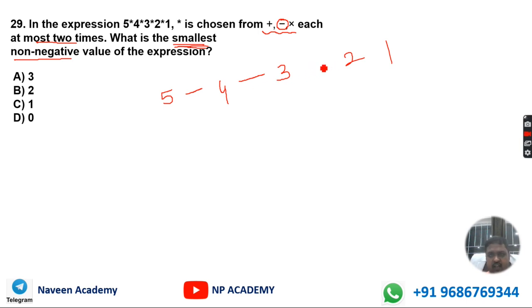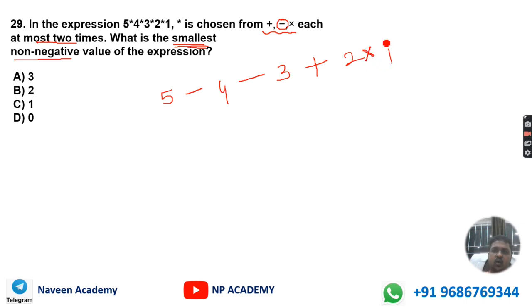If I use plus here, now it becomes minus 2, minus 2 plus 2 will be 0. Again I have to use the next sign, I will use plus, then into.